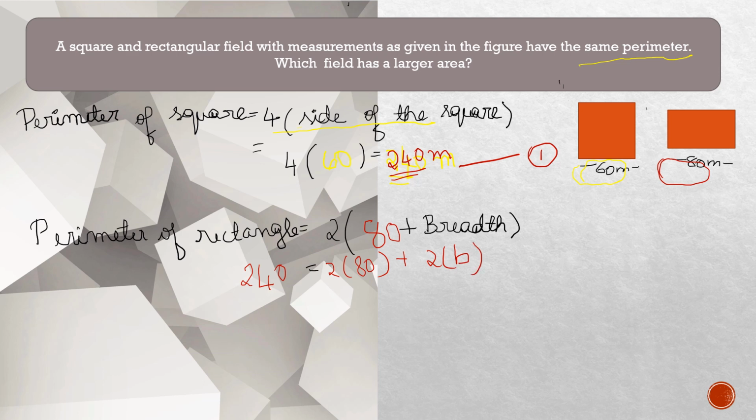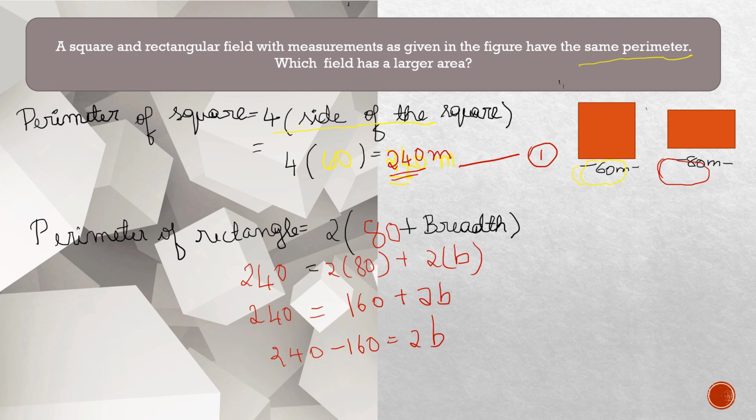Let it be b. 240 is equal to 160 plus 2b. 240 minus 160 is equal to 2b.